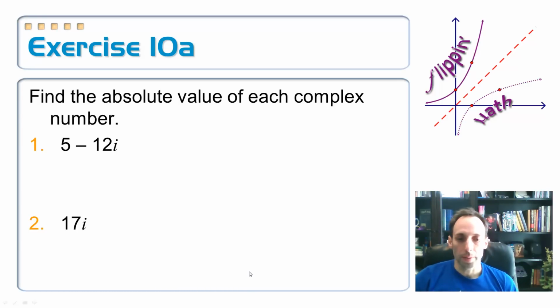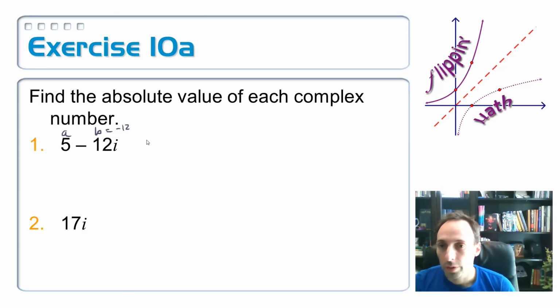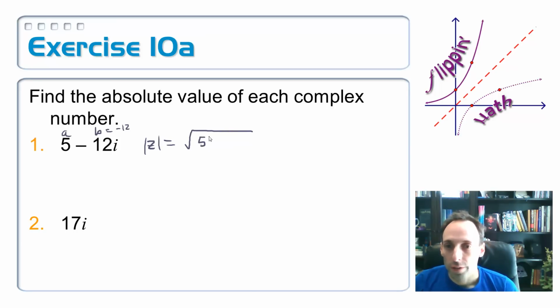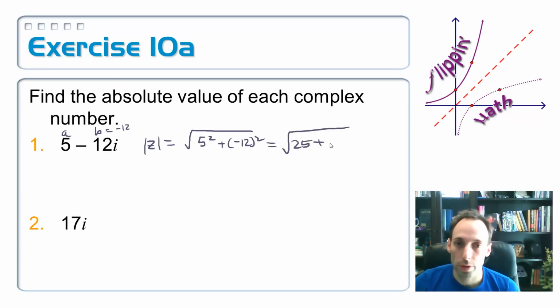Should be pretty easy. Okay, so here I've got the real part, so this is like my A, and my B is actually equal to -12. So I'm going to put this in: the absolute value of z is equal to the square root of 5 squared plus -12 squared. 5 squared, of course, 25. -12 squared is 144.